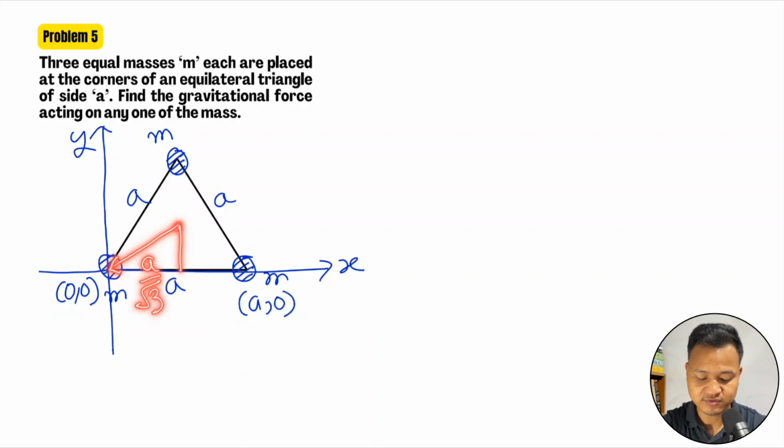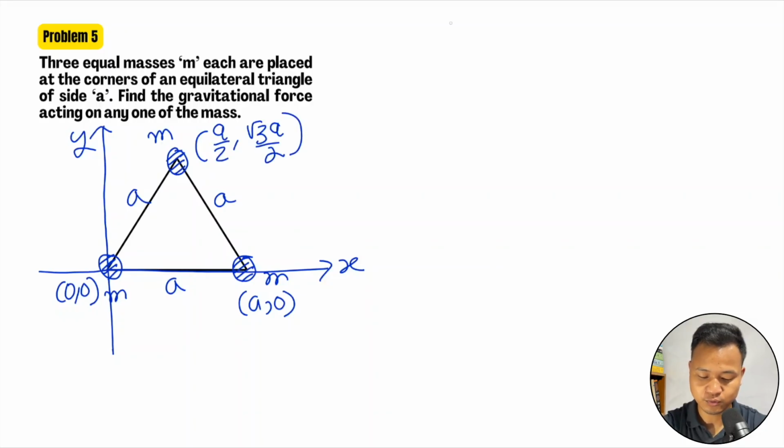Then the perpendicular distance from the midpoint. So the third mass is at A by 2 comma root 3 A by 2. This is half, so this is A by 2.